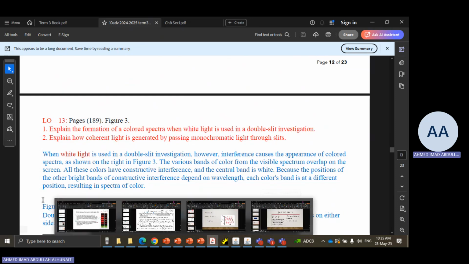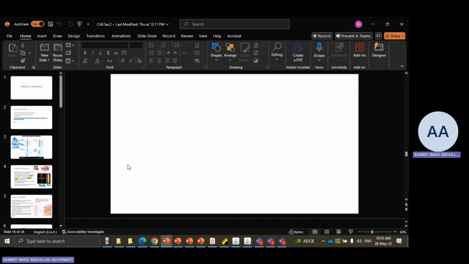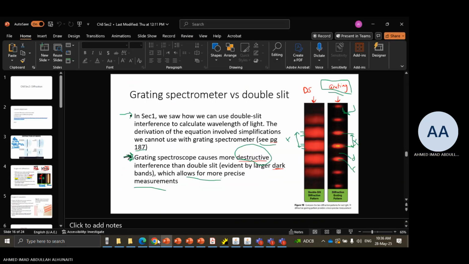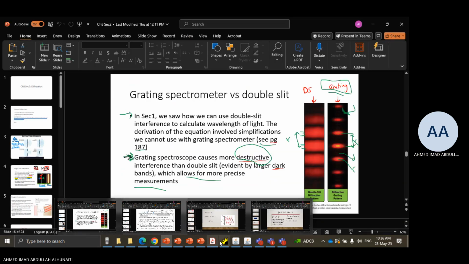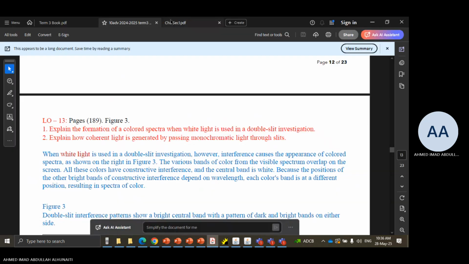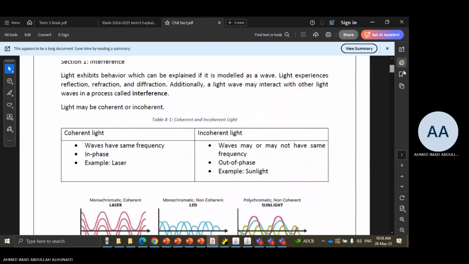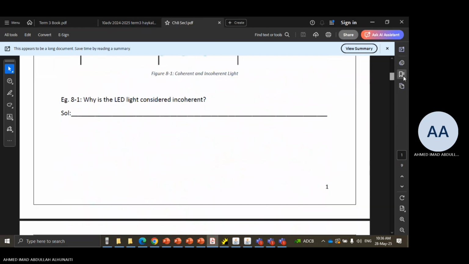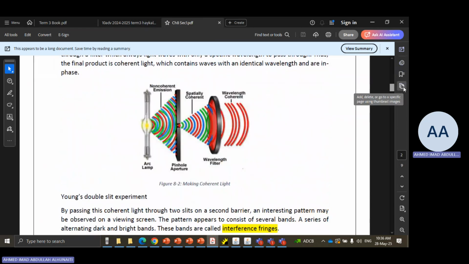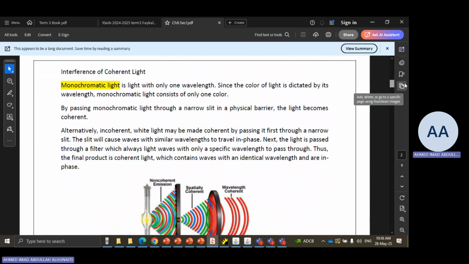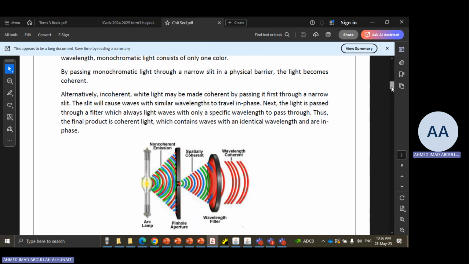Let's go to a double slit investigation. You can read through this, see monochromatic light. If we pass it through a narrow slit, it becomes coherent.